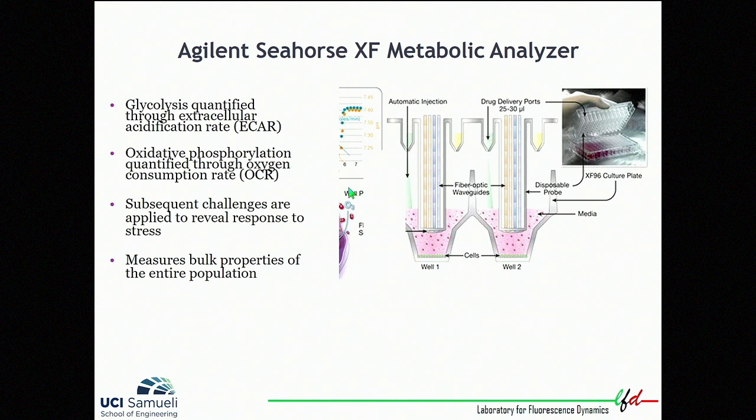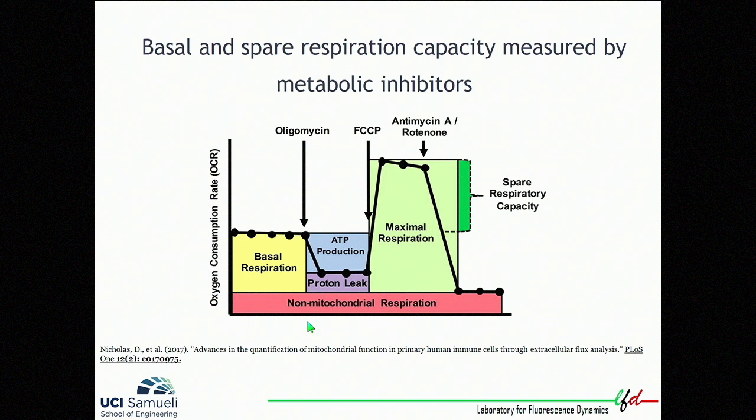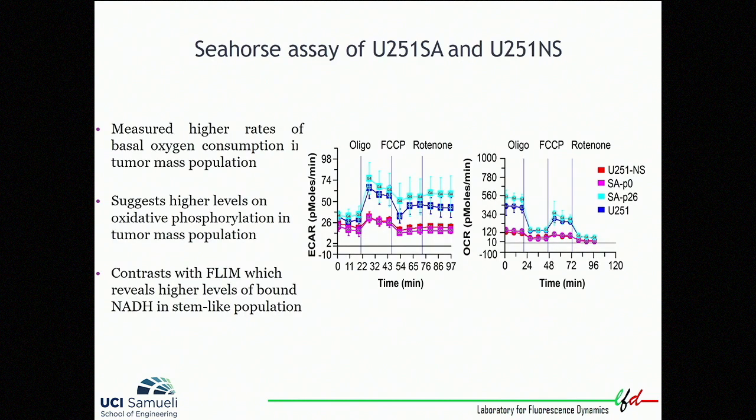And here we're able to quantify the glycolysis through the extracellular acidification rate, as well as the oxidative phosphorylation, which is quantified through the oxygen consumption rate, or OCR. So how this assay works is essentially that we're measuring the spare respiratory capacity using metabolic inhibitors.